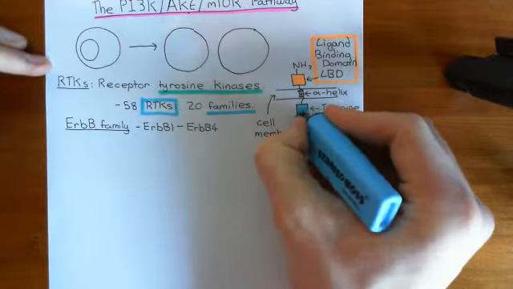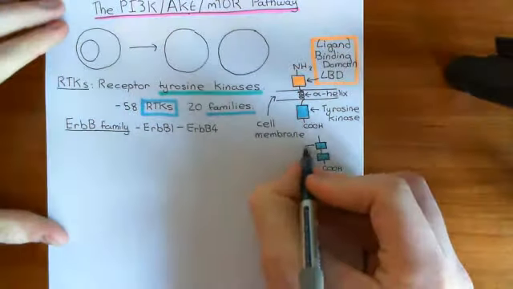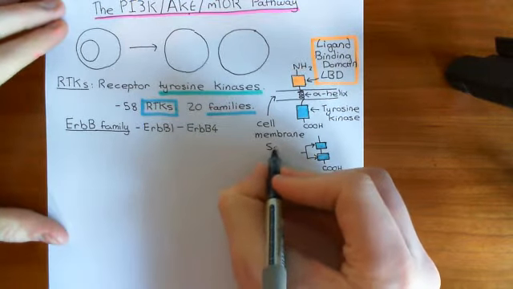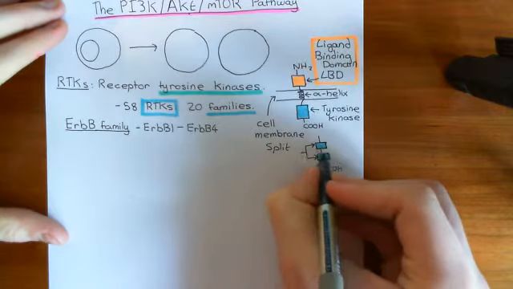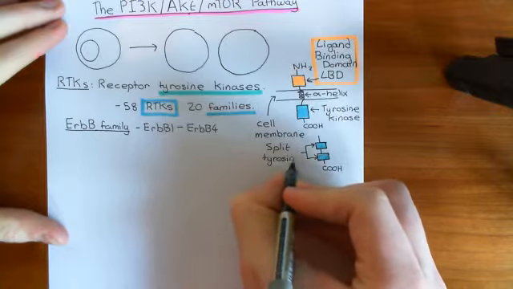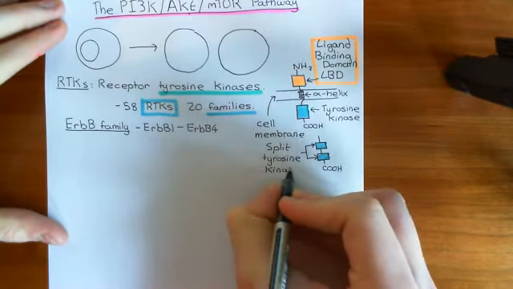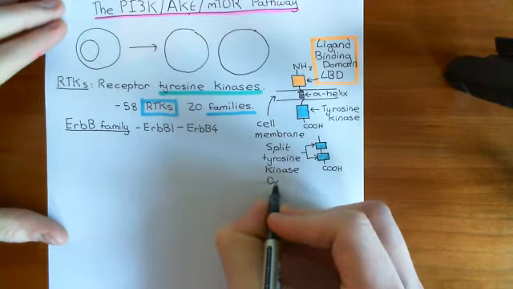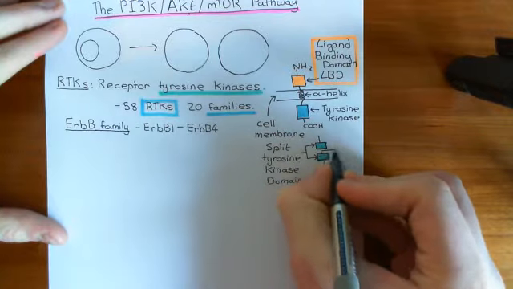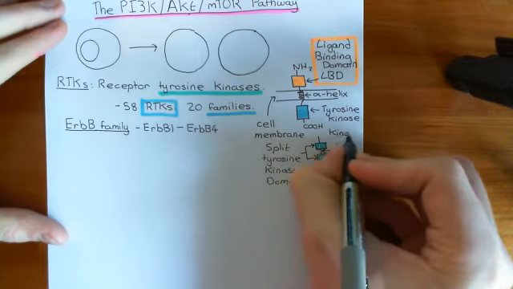So in the 3-dimensional structure they'll be together, but in the primary structure they're not. Some receptor tyrosine kinases have a split tyrosine kinase domain like this, where there is an insert in the primary structure between the 2 halves that make the tyrosine kinase domain in the tertiary structure. That insert between the 2 halves of the split tyrosine kinase domain is known as the kinase insert.